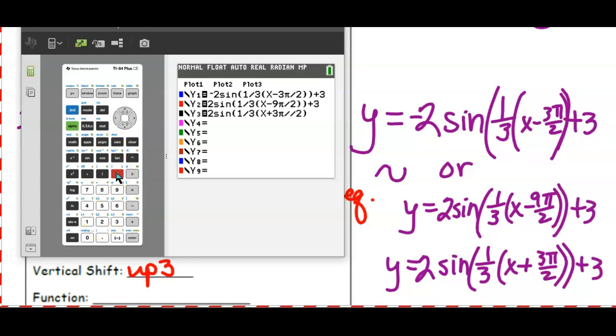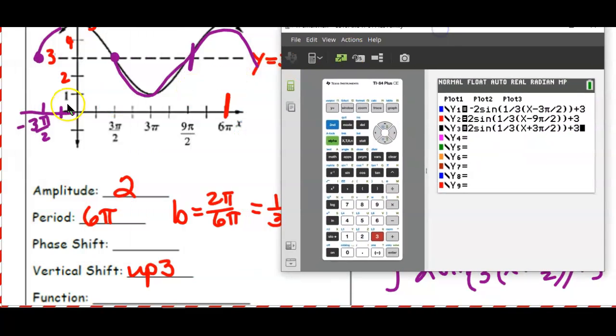Now we want to set our window the same as theirs, so we can tell if we're matching what they did. Their window here was like -1 to maybe 6 going up and down. And we could set it from like -3 pi over 2 to 6 or 7 pi, to keep going a little bit further than they did so that it fits.